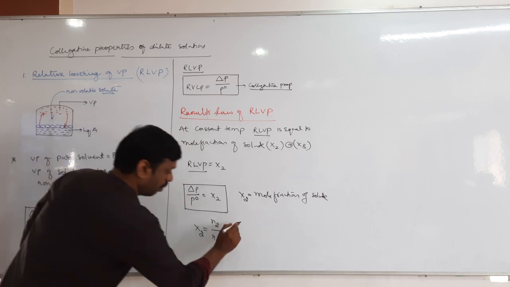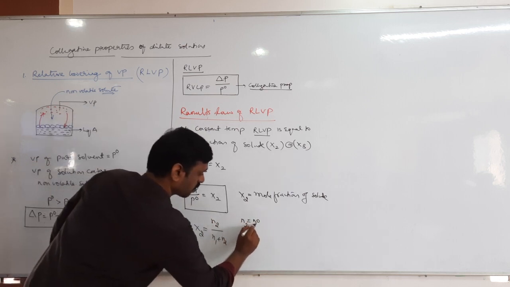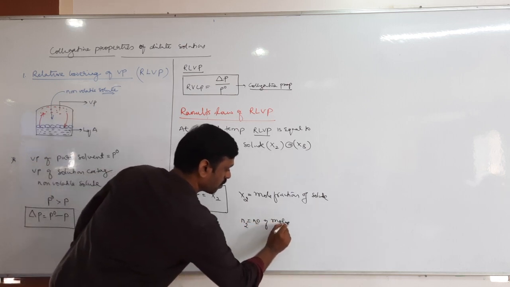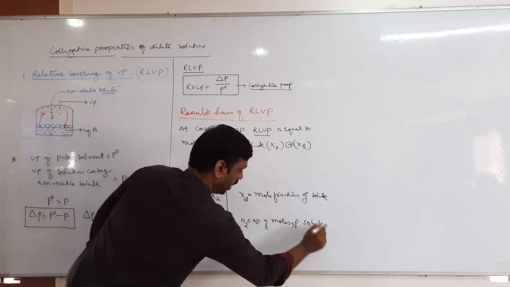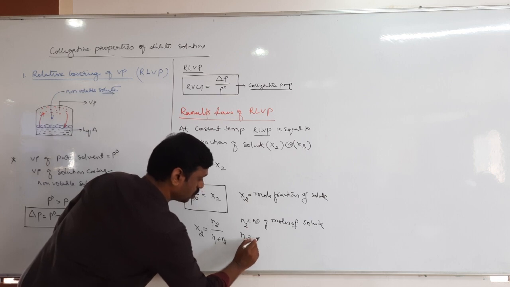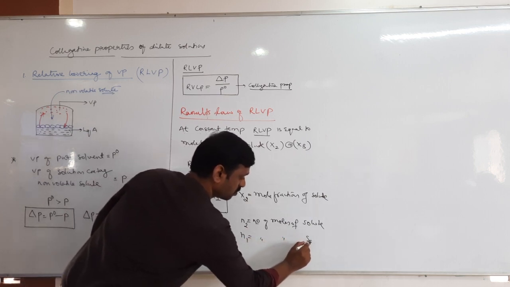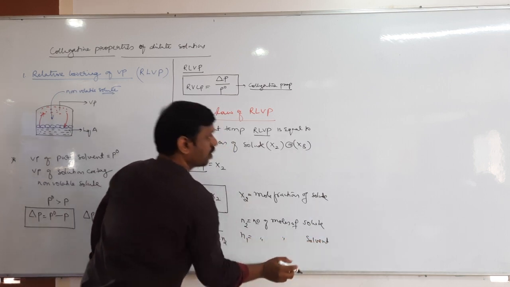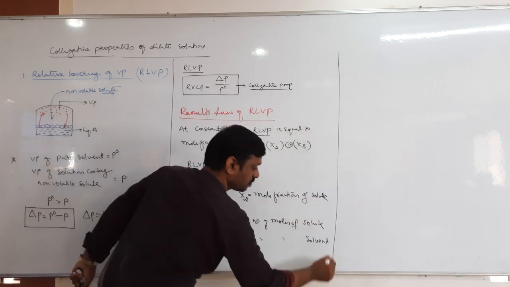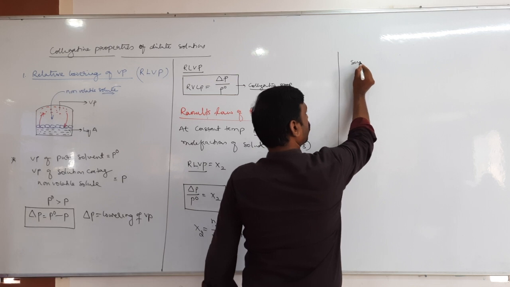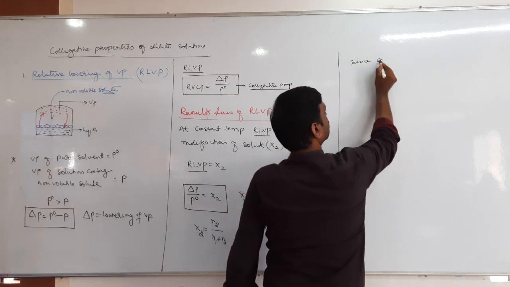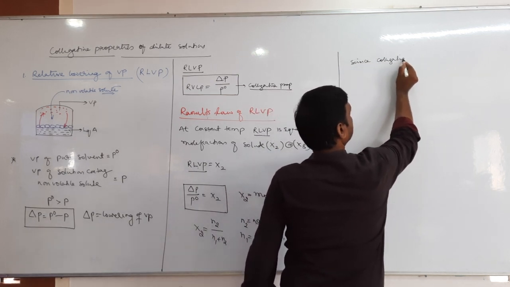N2 is the number of moles of solute, and N1 is the number of moles of solvent. Okay, then but since this colligative property is applicable for what?